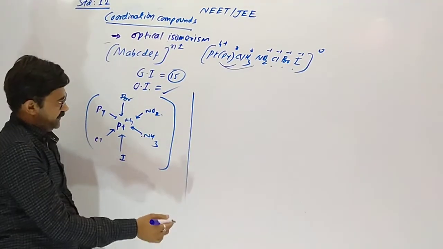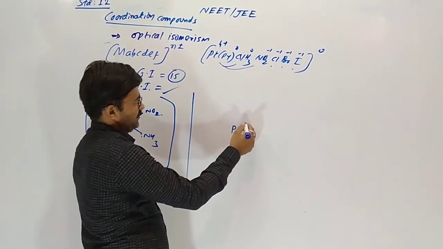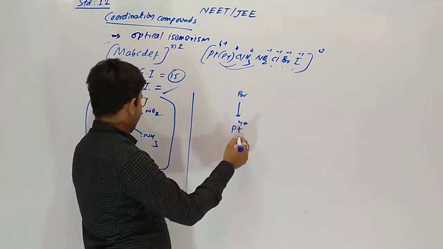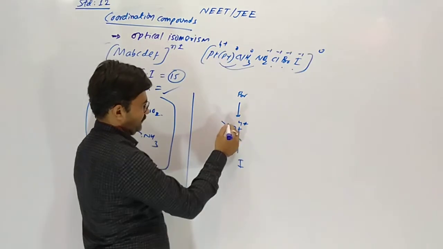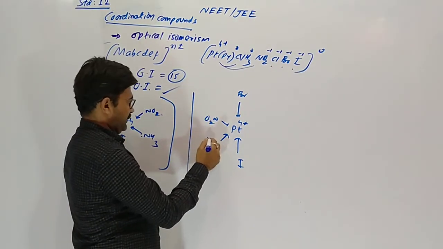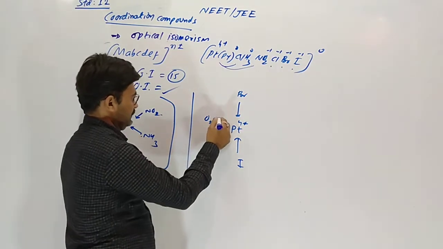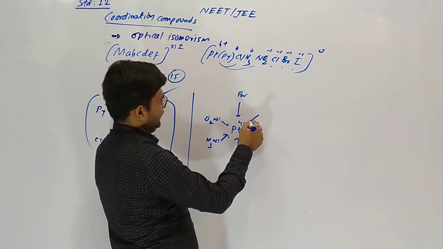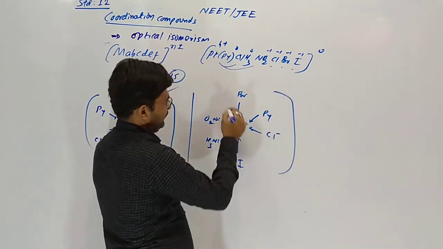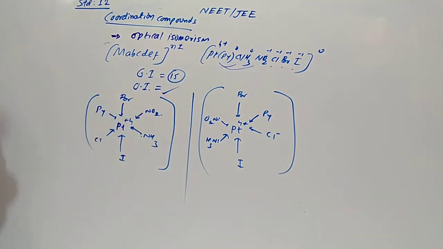The mirror image of it gives the enantiomer, which is optically active. Bromine, iodine remain the same. Here NO2 and NH3 come here. Here is pyridine and chlorido is here. One of them is dextro, one of them is levo.